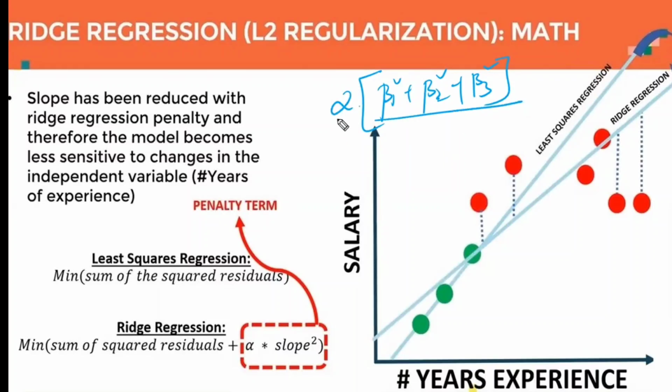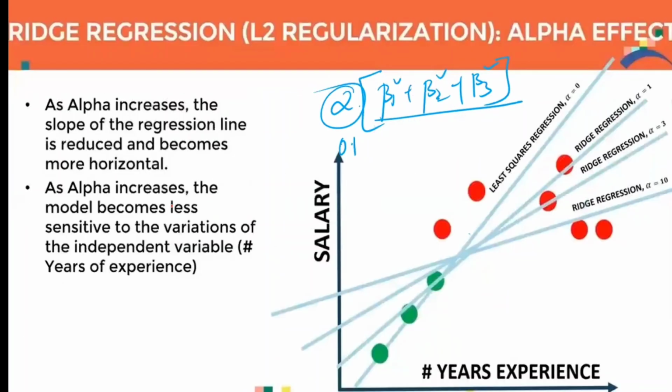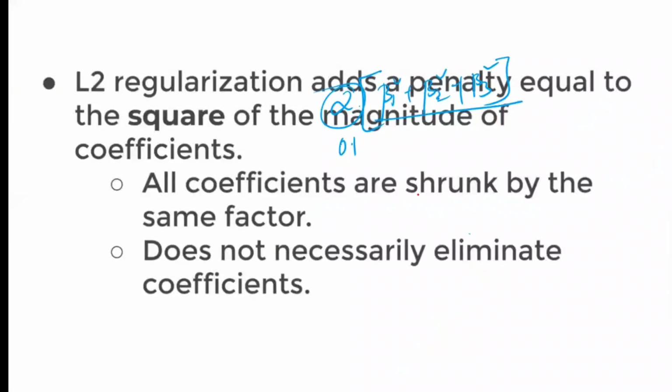Means all the beta values are shrunk by alpha. Whether it is multiplied, if it is 0.1 it means reduced, if it is 2 times it means multiplied, whatever it is. So all the coefficients are shrunk by the same factor, because you are multiplying everything with alpha only. It doesn't necessarily eliminate the coefficients. In ridge regression, it will not eliminate the coefficients.